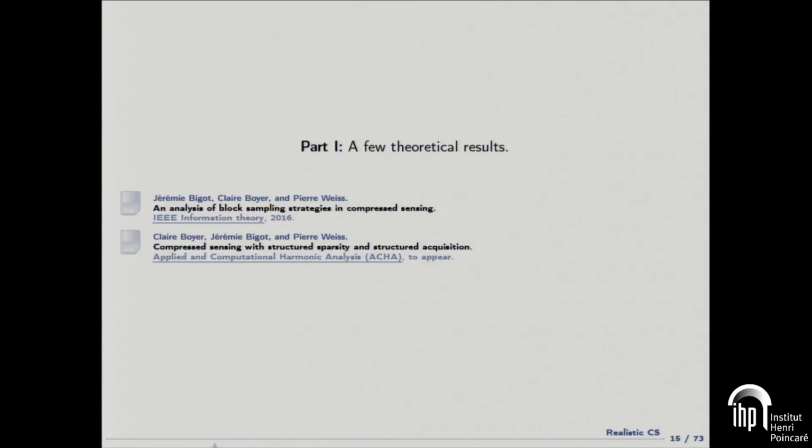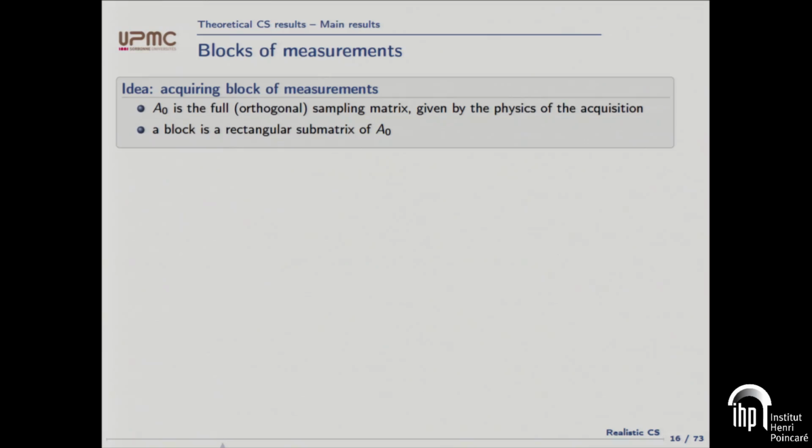Part one. Since we are not clever enough with combinatorics, we still have to use randomness. If we want structure and randomness, the idea is to introduce the notion of blocks of measurements. If you consider A0 to be your full orthogonal sampling matrix that models your acquisition, for example MRI Fourier times inverse wavelet transform, you partition A0 into blocks of measurements, and blocks are just rectangular submatrices of A0.